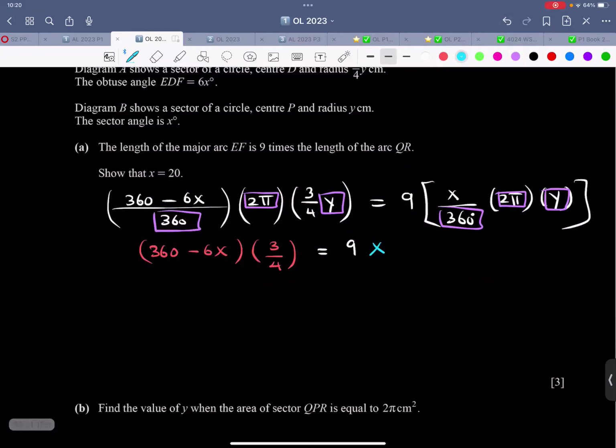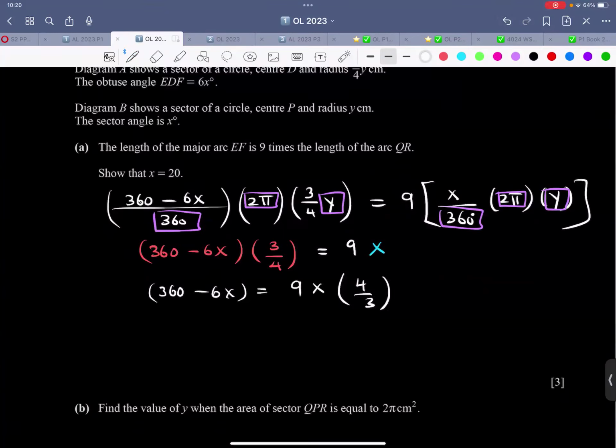Now cross multiply, but do not be in a hurry. First of all, (360 minus 6x) into 3 is equal to, actually I can take the 3 to the other side also. So therefore, this is 9x into 4 over 3.